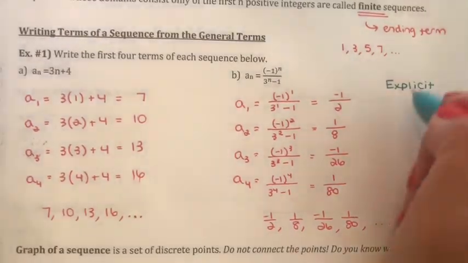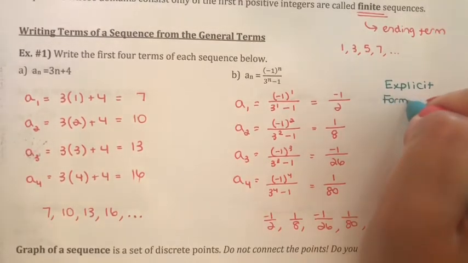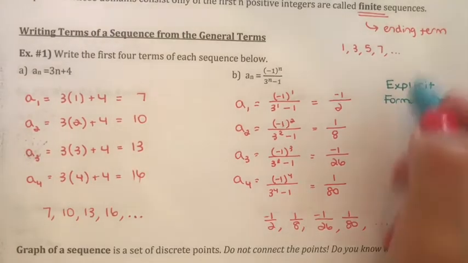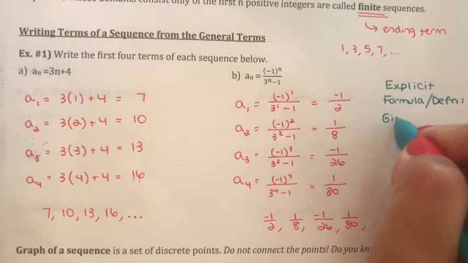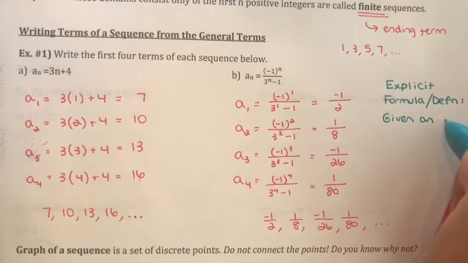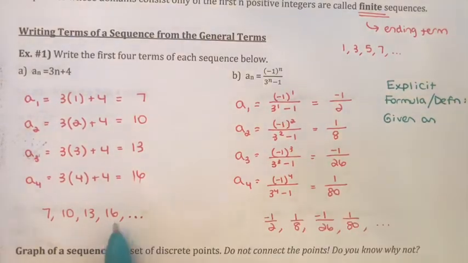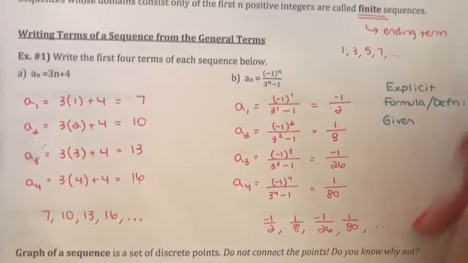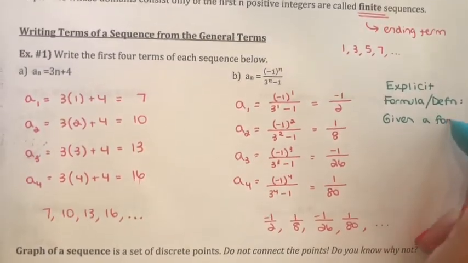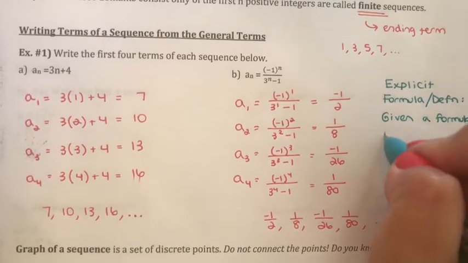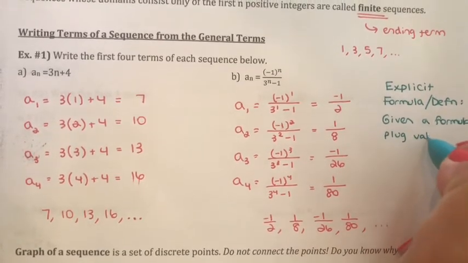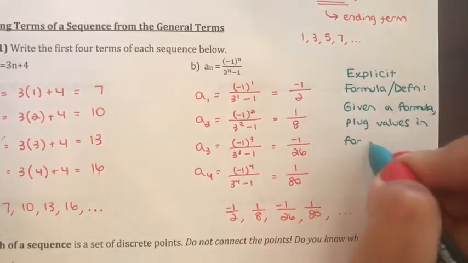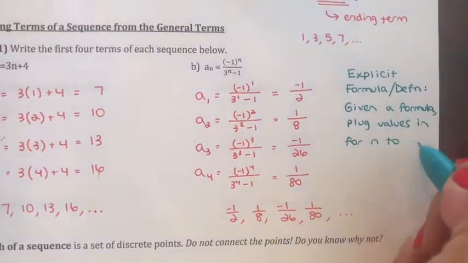An explicit formula, or definition, sometimes you see that word, means that you're given a formula, well, kind of an equation, to plug values in for n to find individual terms.